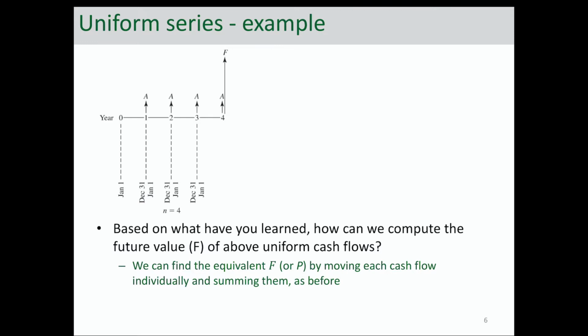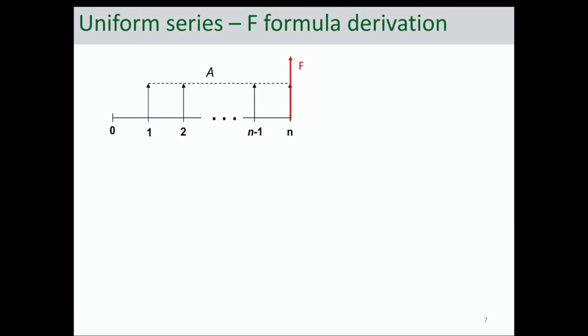And this is an approach that we're going to use in order to derive a formula for F for a uniform cash flow. So let's look at this general uniform cash flow here. So how can you write F in terms of A here? So I'm going to start with writing F in terms of A here.